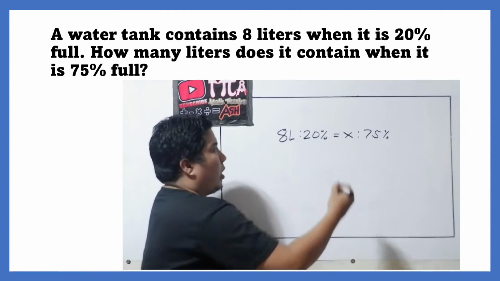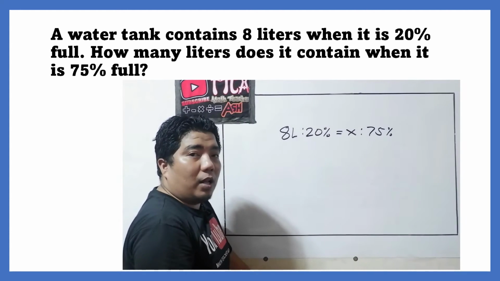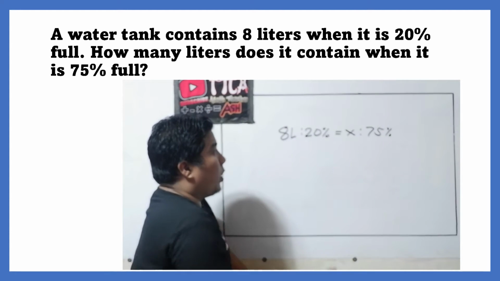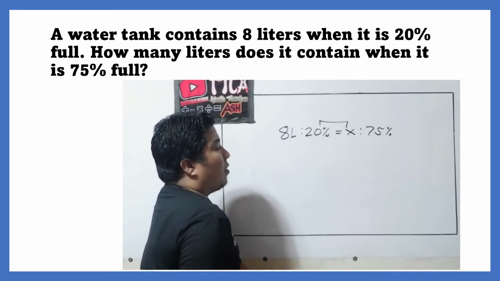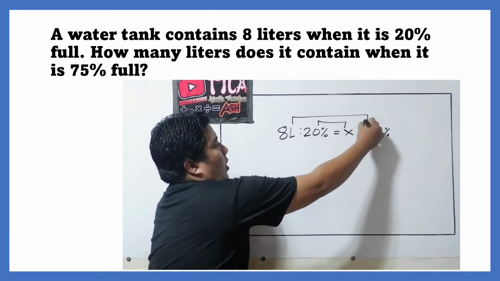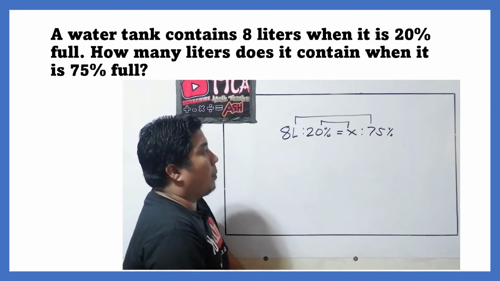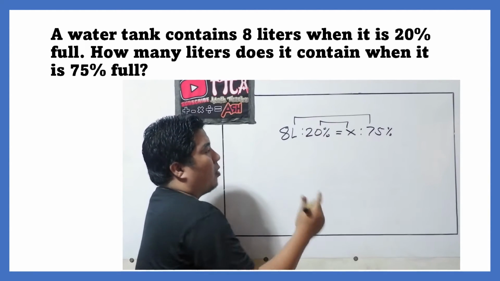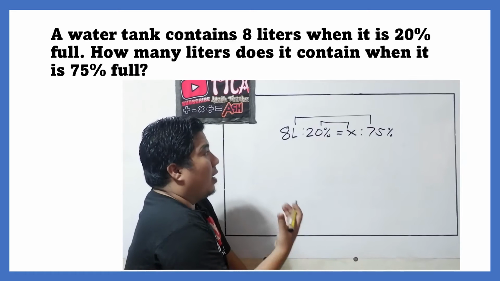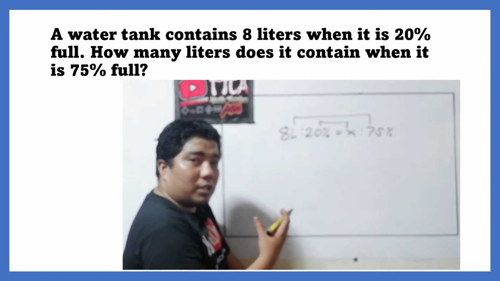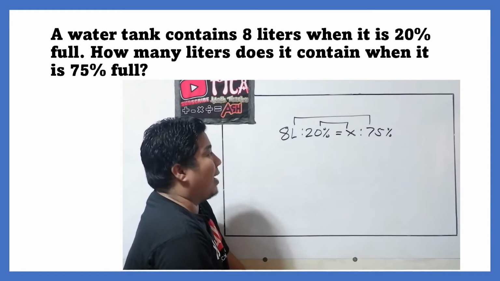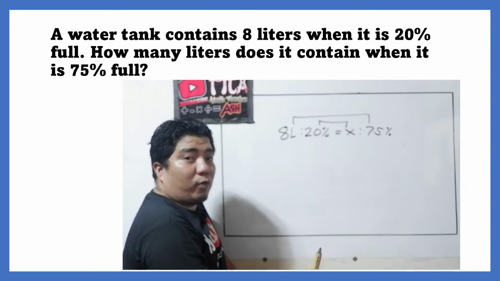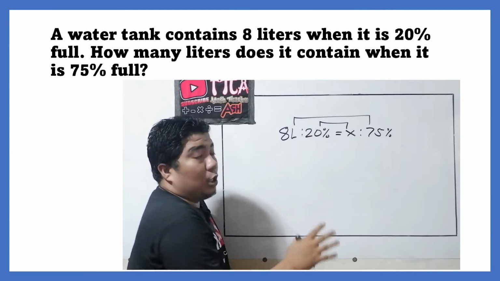So what we can do here is apply the fundamental law of proportion, in which the product of the means is equal to the product of the extremes. So we will be multiplying the means and the extremes. 20% times x: if you multiply a value in percent to an x value, we need to convert the 20% into a decimal.